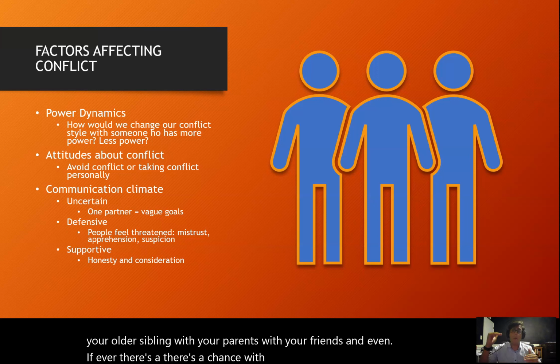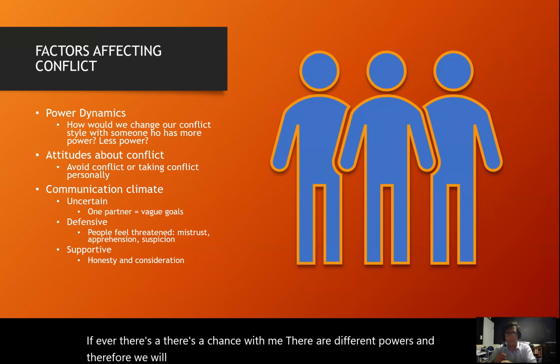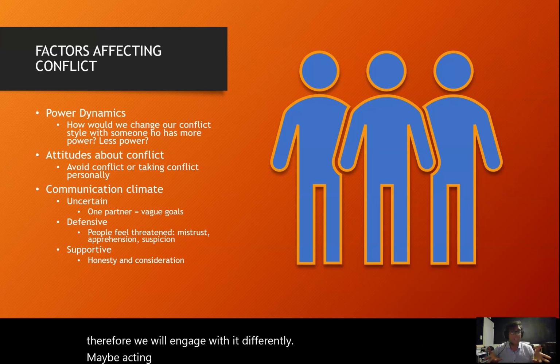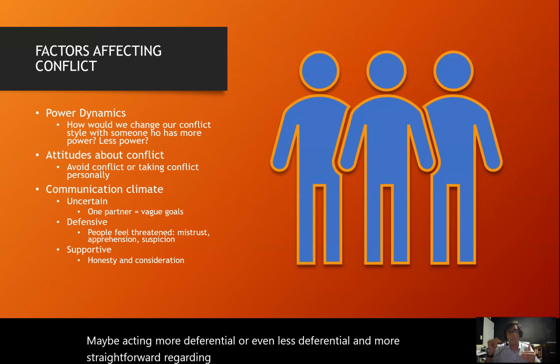There are different powers, and therefore we will engage with it differently, maybe acting more deferential or even less deferential and more straightforward regarding whether someone has more power or less power, respectively.